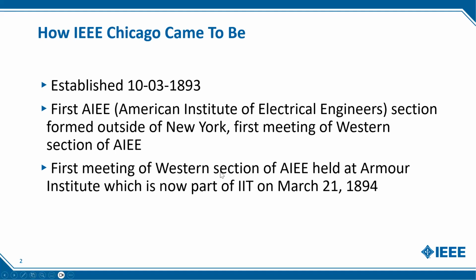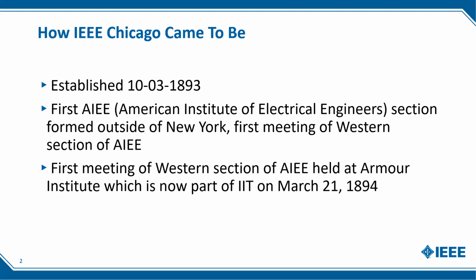So a little bit of history, how IEEE Chicago came to be. For many people here who are not familiar with the history, IEEE Chicago was established on October the 3rd of 1893. And it is the first AIEE, American Institute of Electrical Engineers section. That was before IEEE was formed.